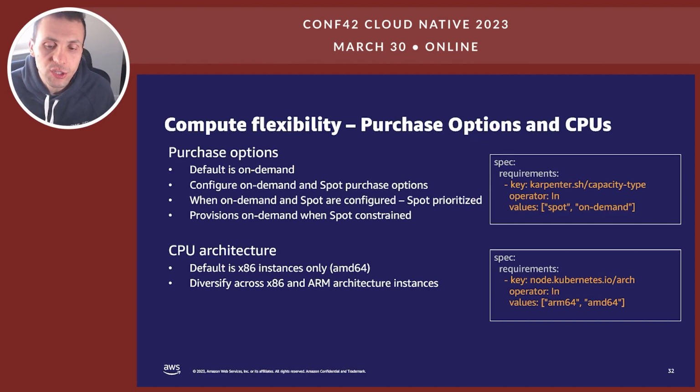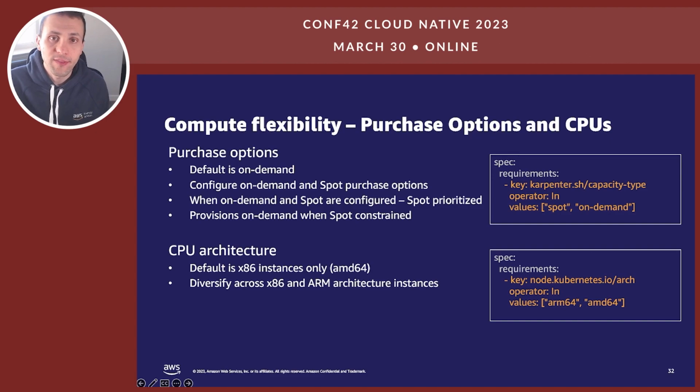So if potentially the good options for a spot to launch a new EC2 instance for you are not available at that time, then it's going to default back to on demand. But you can also select different architecture types. You can have provisioners that can deploy both ARM 64 Graviton2 processors and AMD 64 processors with x86.